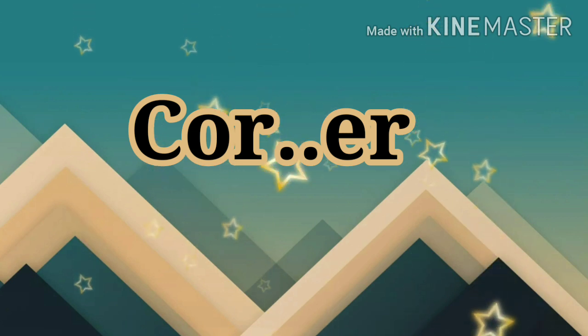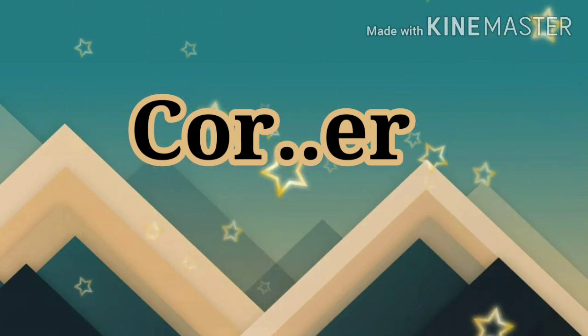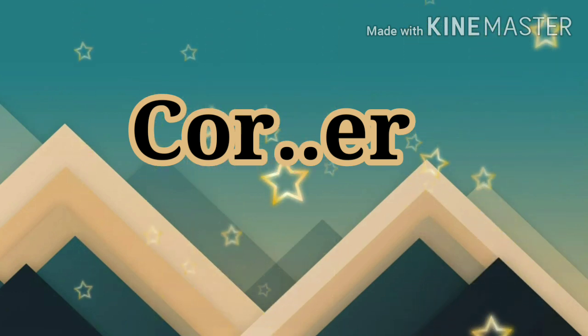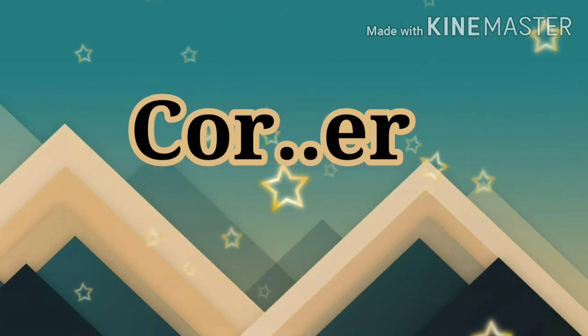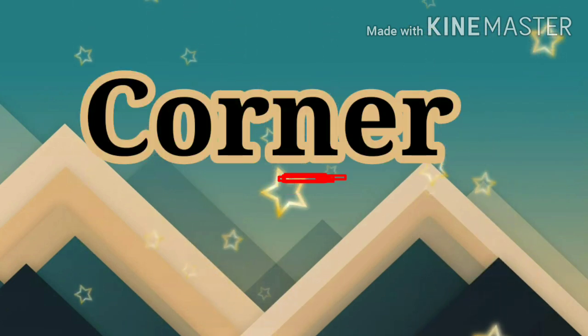Now look here. A, COR-ER. You have to find out the missing letter and make a meaningful word by filling in the missing letter. So what can the missing letter be? CORNER.